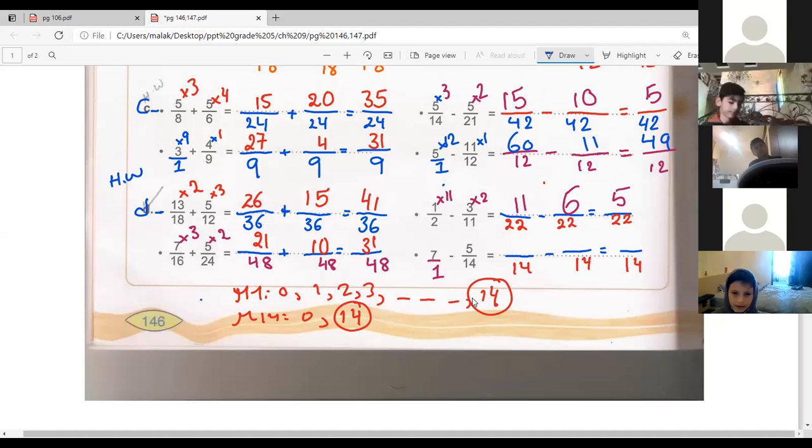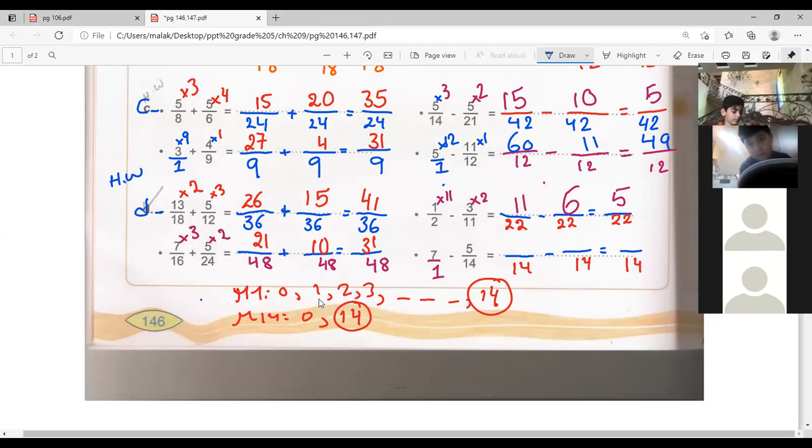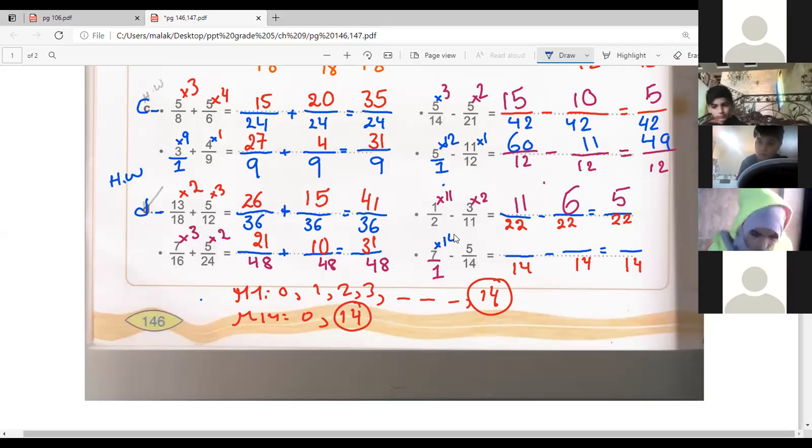Very nice, I said I'm asking Haidar. Haidar, in table 1 which number gives us 14? 14, so what shall I do? Multiply. We write 14 by multiply. In table 14 which number gives us 14? Haidar, count: 0, 1, so we have to multiply by 1.